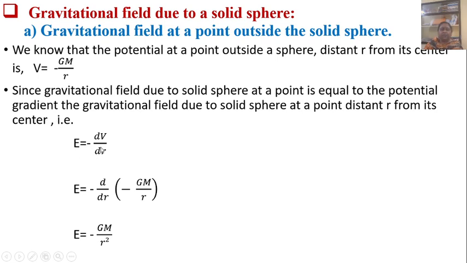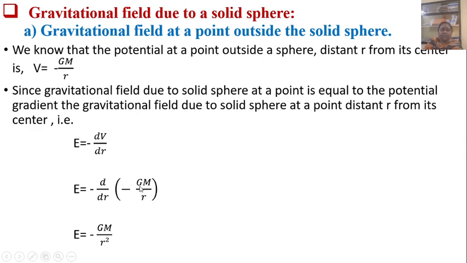E equal to minus dV upon dr. So putting the value of V, we get E equal to minus d/dr of minus GM upon r. That is the value of V. So after differentiation we get E equal to minus GM upon r square.